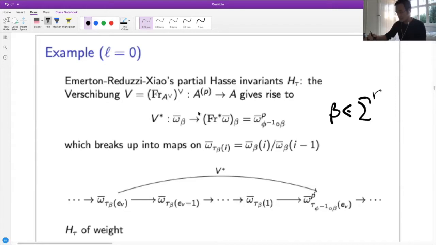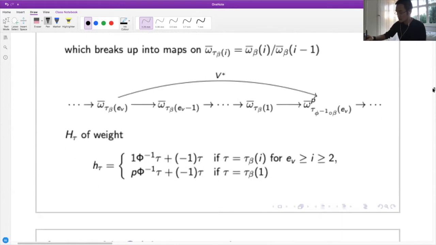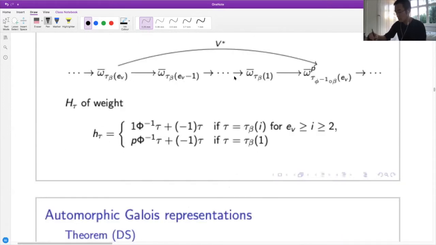And this map then breaks up into small pieces on the graded piece, which I denoted like that. So that goes from this to this. So this will be given by the sheaf at this level, and this sequence of morphisms, each of them would give rise to, if I've got a map from here to here, you can think of it as a global section over the line bundle given by the dual of the source times the target.